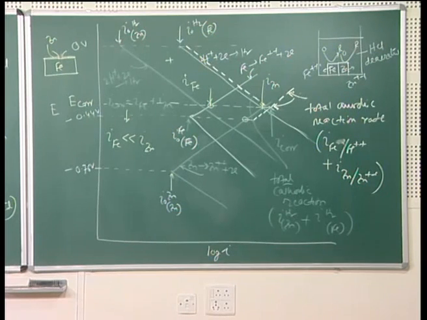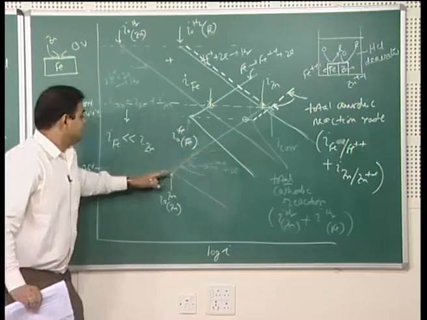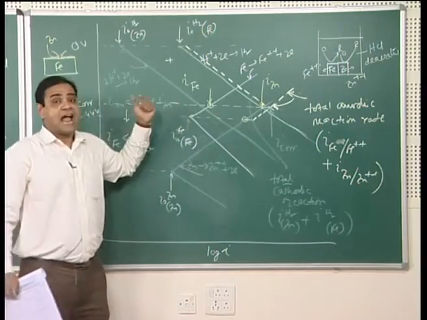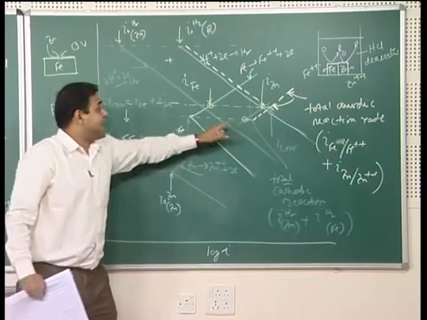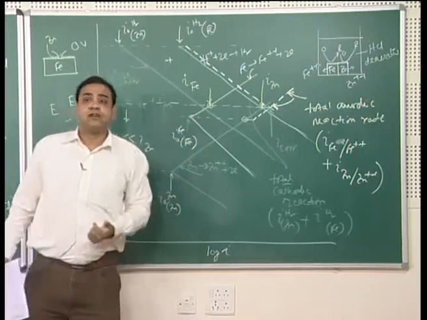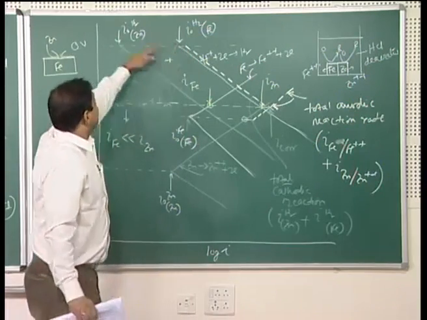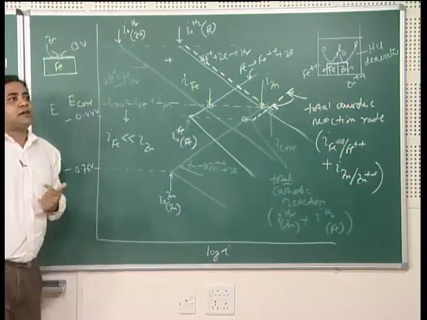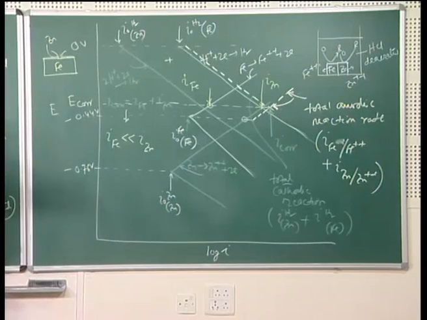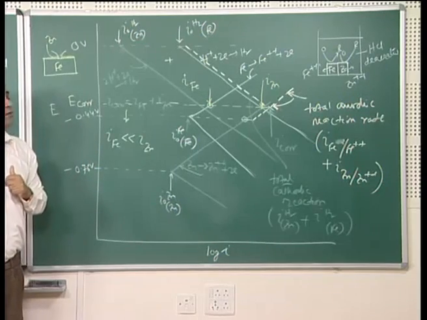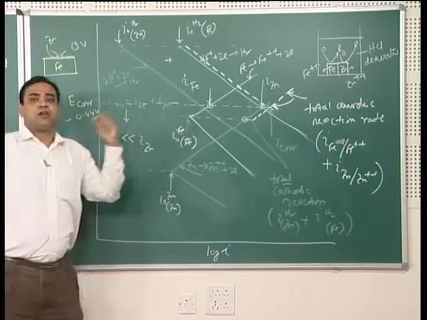The point to be noted is, wherever you come across one more anodic reaction, that anodic reaction is to be added up. That adding up will give you the final anodic reaction current. Same way for cathodic reaction, if you come across another cathodic reaction, during polarization you have to add that cathodic current along with the existing polarization line.